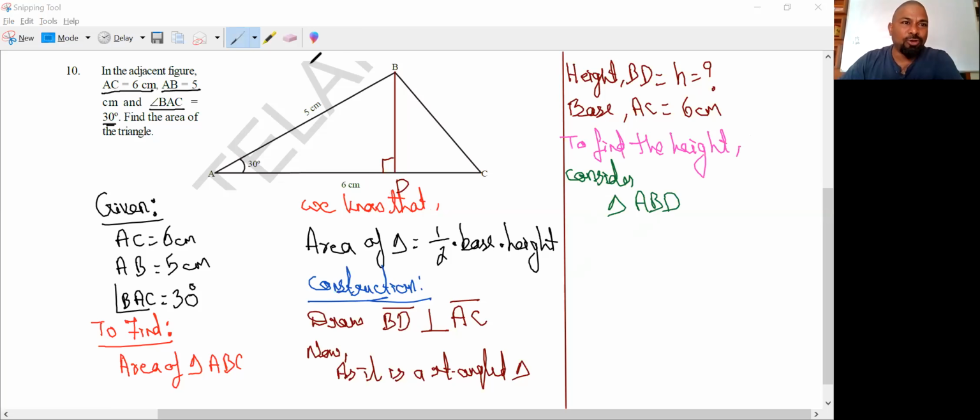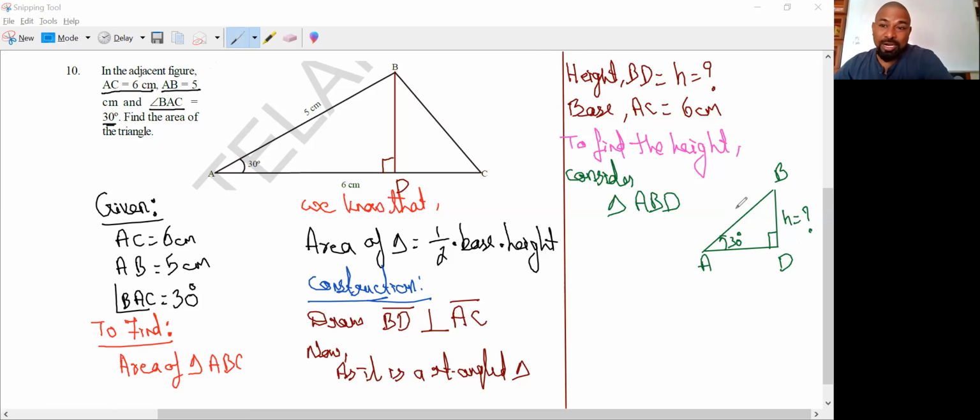This is the triangle I am taking. I call it B, D and A. Obviously, angle D is equal to 90 degrees according to the construction, and angle A is equal to 30 degrees. We need to find H, and AB is already given as 5 centimeters.